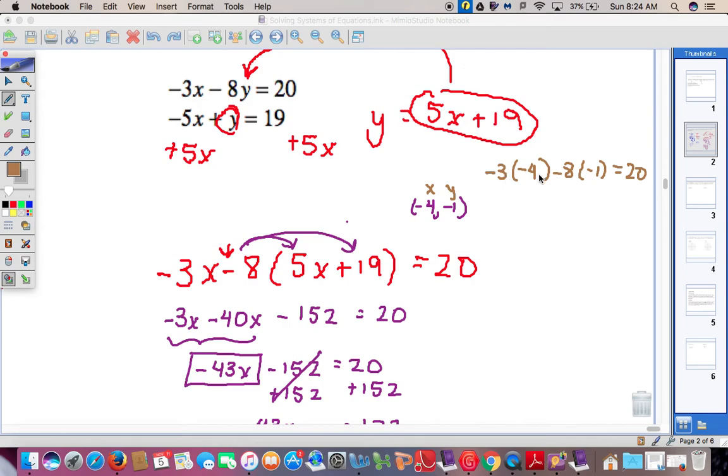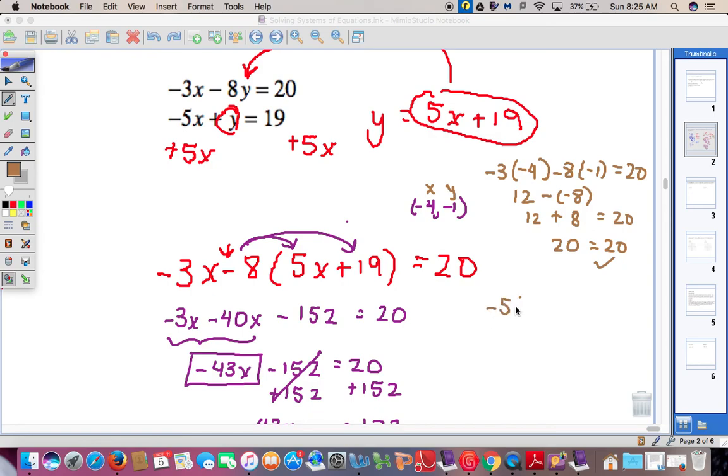Okay, so I have negative 3 times negative 4, which is positive 12, minus 8 times negative 1 is negative 8, minus the negative becomes a positive, so I have 12 plus 8, and that does indeed equal 20. So because that equals 20, I know that that works for the first equation, and now we need to check it for the second equation.